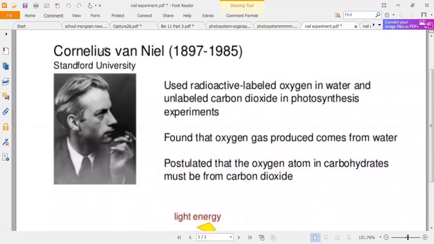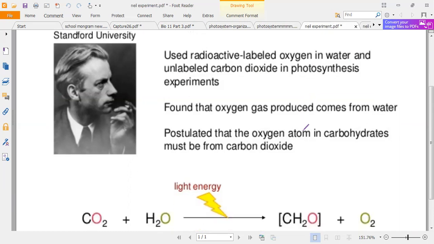Cornelius Van Niel, 1897 to 1985 is his time period. He belonged to Stanford University. He used radioactive labeled oxygen in water to experimentally prove whether the oxygen present in the water is used for releasing molecular oxygen, or is used for the production of carbohydrate like glucose.